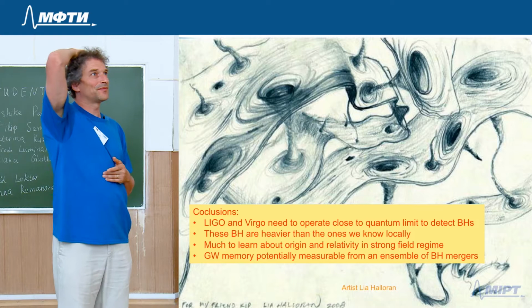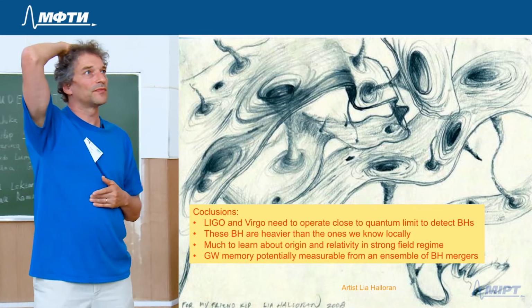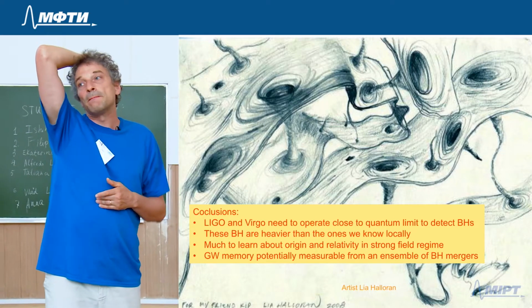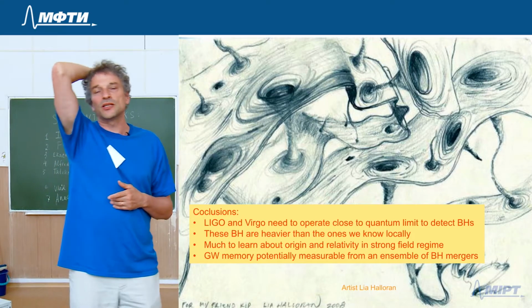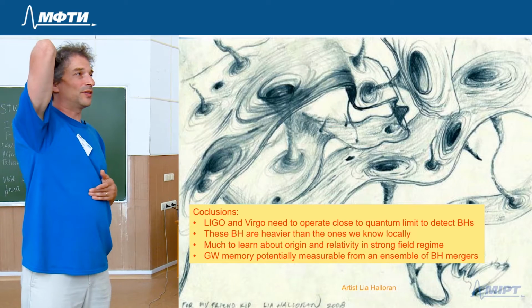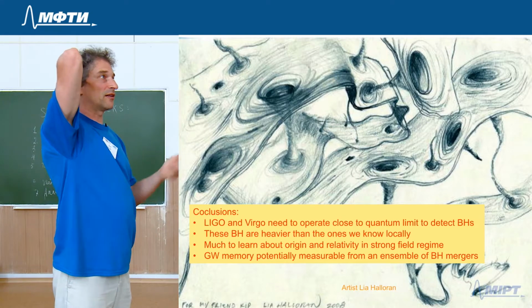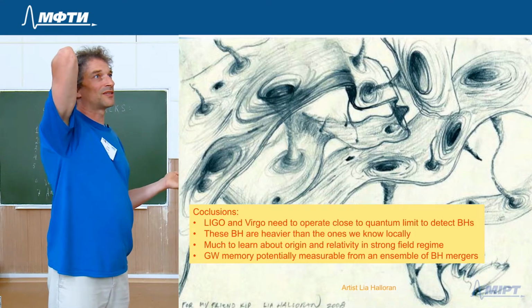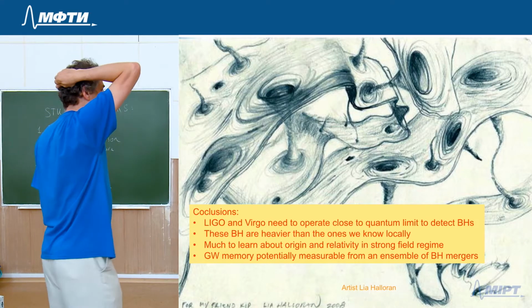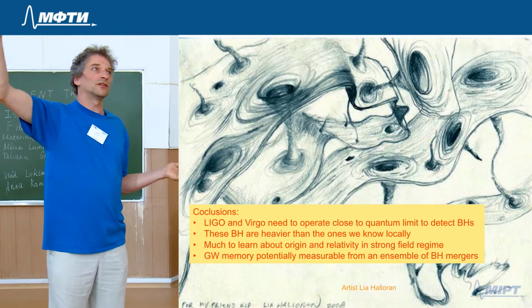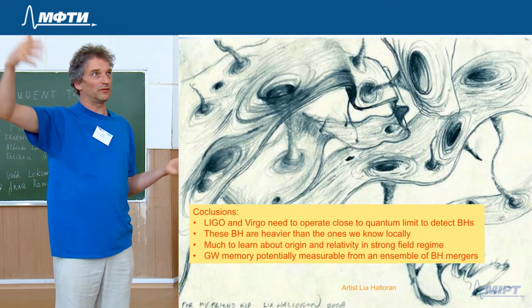Yes? What are the implications of the existence of gravitational memory? Well, I don't know how to answer this well. What are the implications of the existence of other relativistic effects like dragging of inertial frames or of gravitational redshift? These are very non-trivial predictions of general relativity.